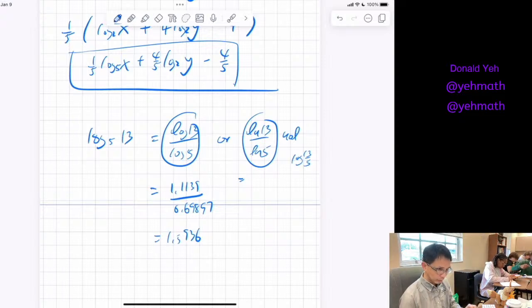If I just put log base 5 with 13, or should I do... No, you have to. Austin asked a really good question. Can you do log 13 over 5? No. You have to do log of 13 divided by log of 5. There are two logs there. There's a log for the numerator and a log for the denominator. I prefer to use natural log just because I use natural log more often on the AP exam.